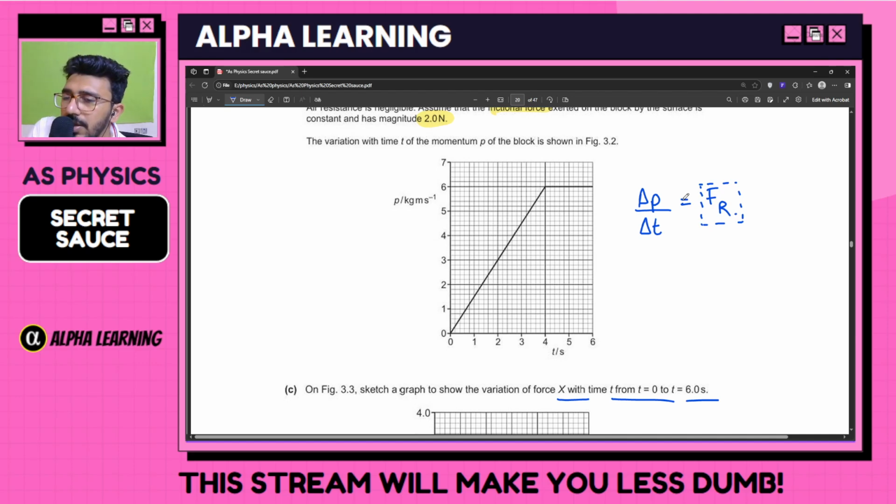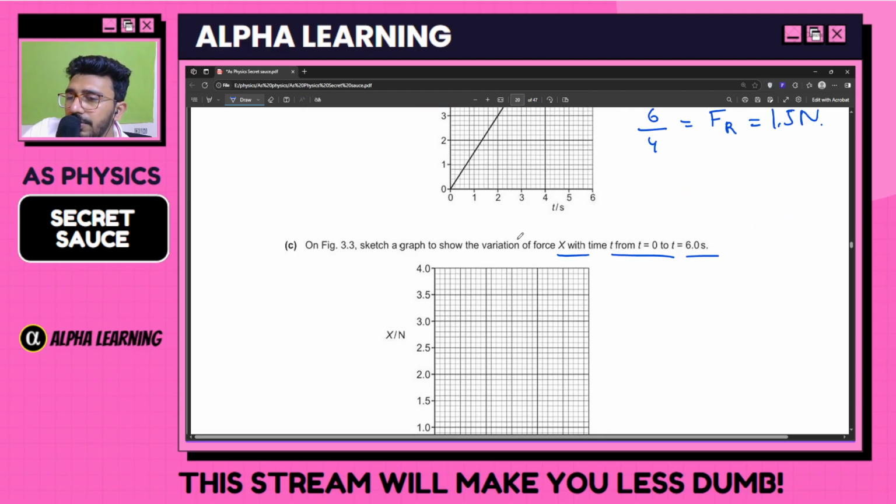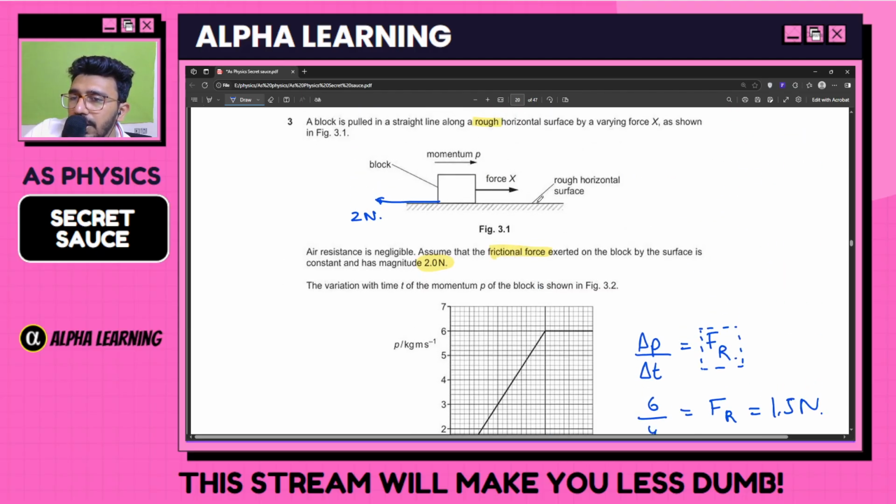So let's calculate the gradient for the first half. The momentum change is 6, the time change is 4. The resultant force comes out to be 1.5 Newton. But you don't have to draw the graph of resultant force. You have to draw the graph of force x. What will be force x?